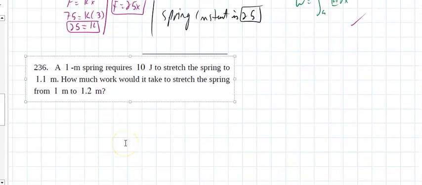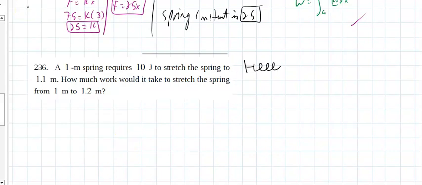If 1 meter, where did mass come from? So again, if a 1 meter spring requires 10 joules to stretch the spring to 1.1, then as far as x is concerned, we went from 0 to 0.1.